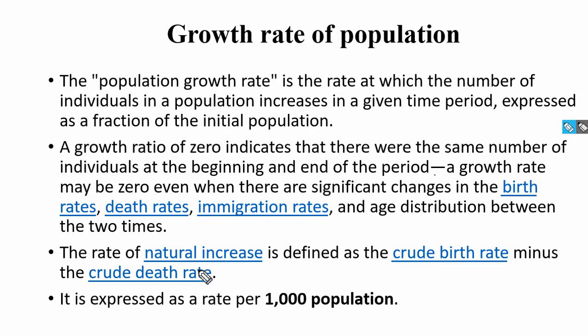There is one more terminology which is called crude death rate. This is also important. That is the rate of natural increase, and the rate of natural increase is defined as the crude birth rate minus the crude death rate. So the crude death rate and crude birth rate are important, and the differential between these two is called natural increase.